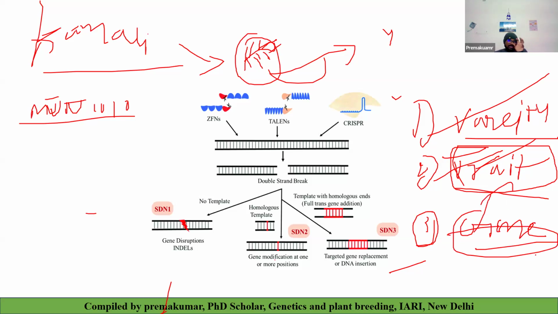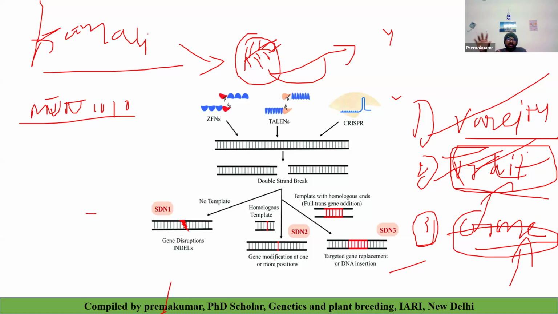You should select a gene in such a way that if you modify it, your trait changes in a beneficial way. After deciding these three things, you proceed to gene editing. First the variety, then the trait, then the gene.